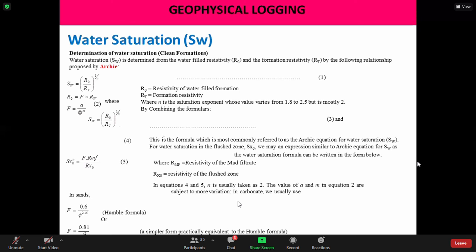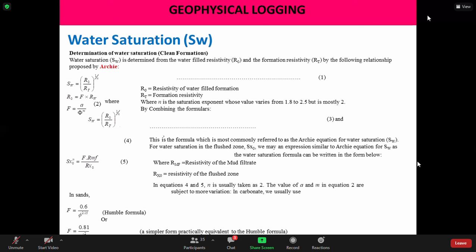So what about relative permeability? I think it's the ratio of effective permeability at a particular saturation to absolute permeability. Yes, it is the ratio of effective permeability to absolute permeability.